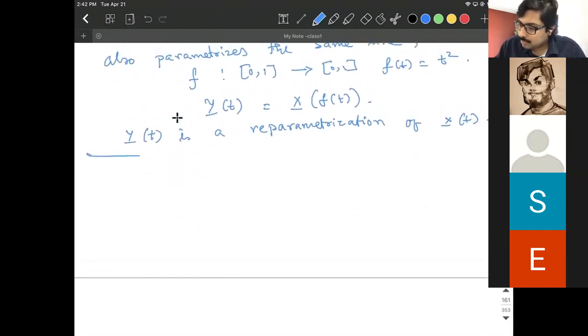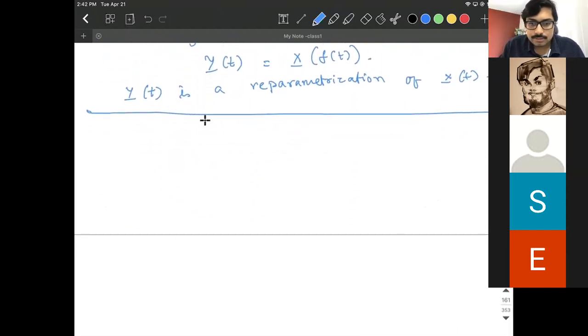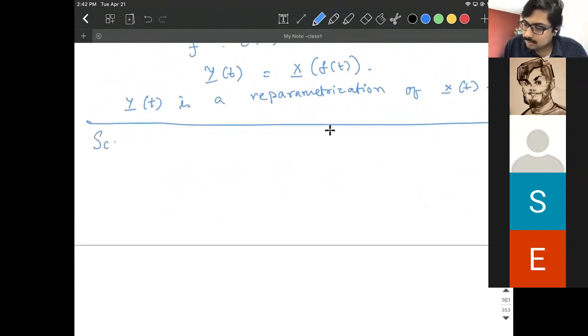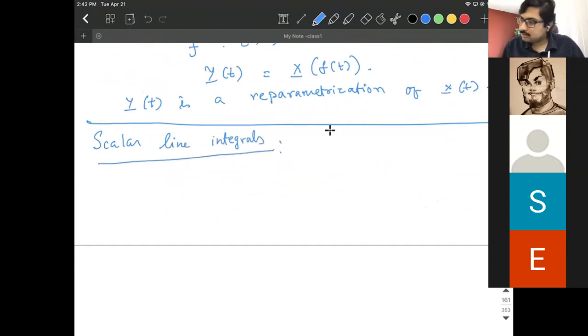Now to the main point about integrals. So the first thing is, how does it affect the scalar line integrals? And I will give you a fact without proving it. As you can guess, how do you think the scalar line integrals will change with reparametrizing the same curve?